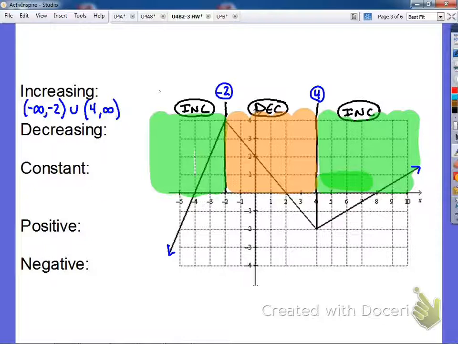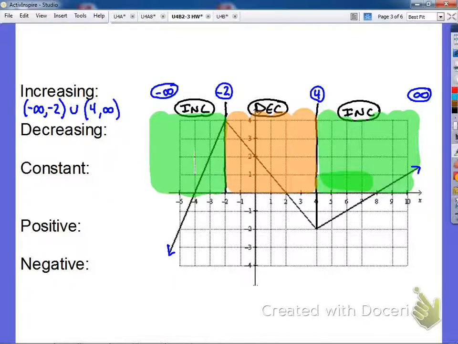So you could even put a negative infinity right here and a positive infinity right here, because the graph goes to those, in those directions. Does that make sense? So those are the values that we use for increasing.